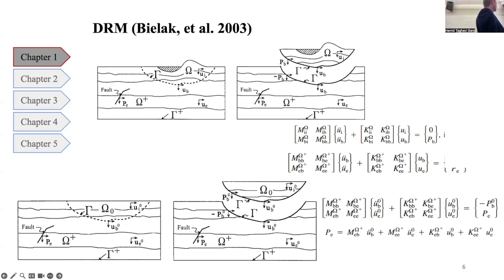Everything is based on the free field responses that we have, because there is no scattering wave in this problem. Again, they decomposed that into two problems, and they wrote the equation for the exterior part, and they could write the effect of the external source of excitation in terms of free field responses.